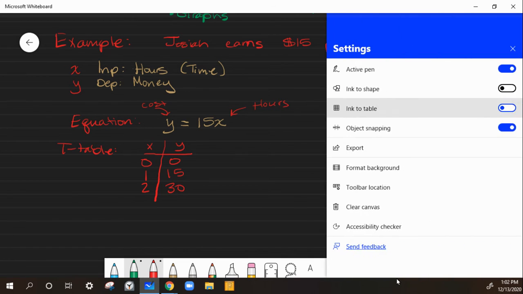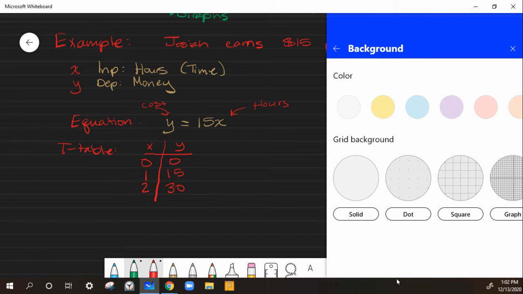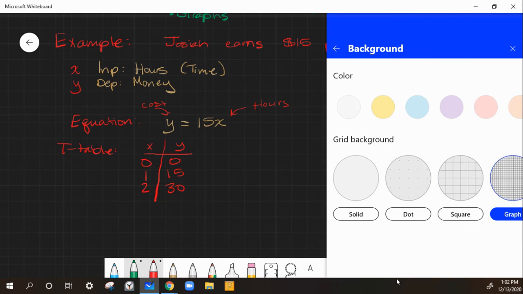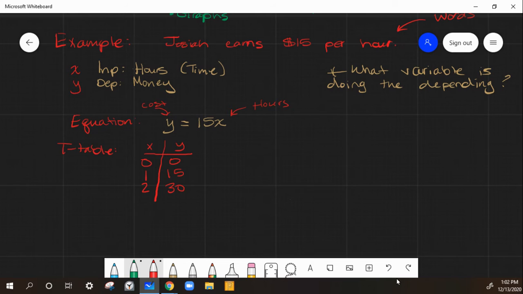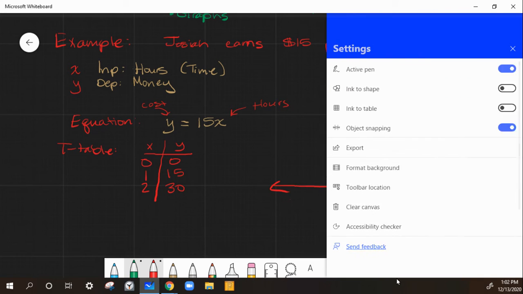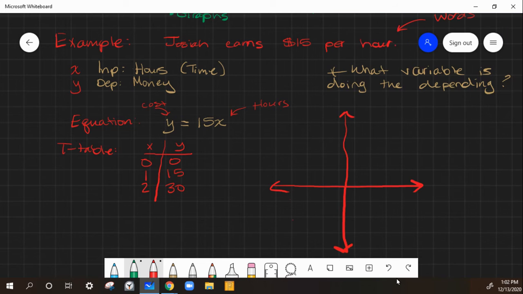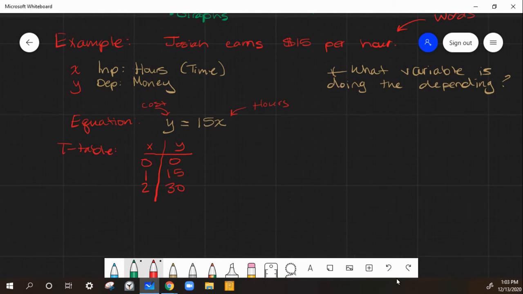Ooh, I forgot to change my background. I gotta do that real quick. To graph paper. Look at that. And here, oh, Mrs. Warren, that is the most pathetic line. I know, guys. Let's see if I can change it to better graph paper. Hold on. Let's go with this. Yeah, that's a little bit better. No, where'd it go?